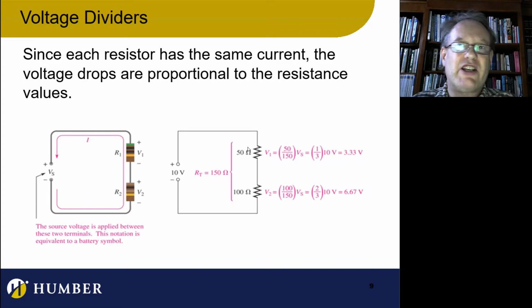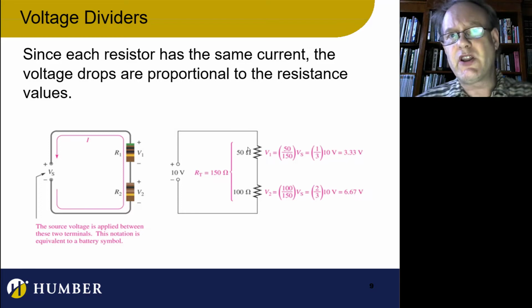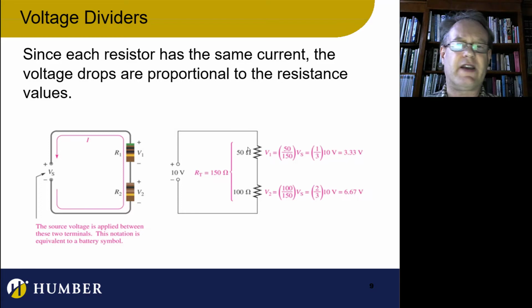And that ratio, if you just multiply it by the voltage source, is how much of the voltage it steals. The other way of looking at it is like this. If you look at the 50 ohms and the 100 ohms, 100 ohms is twice as much as the 50 ohms, so it's actually going to steal twice as much voltage.